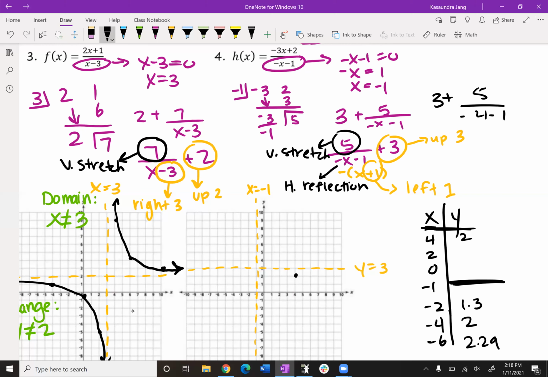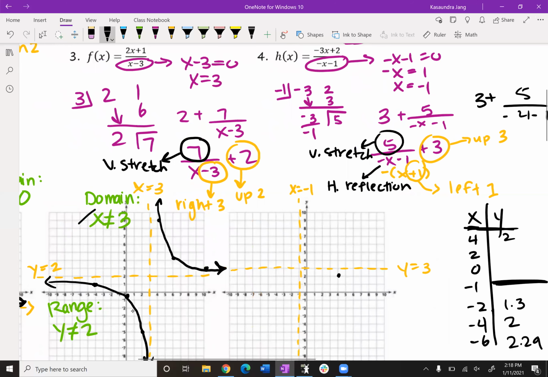2.29, like that. Okay, so here's what I'm a little concerned about. See the black ones that I have right here? Aren't they diagonal to each other?